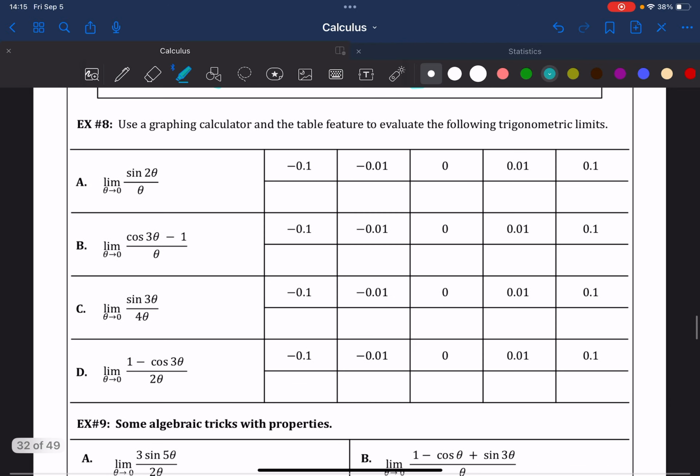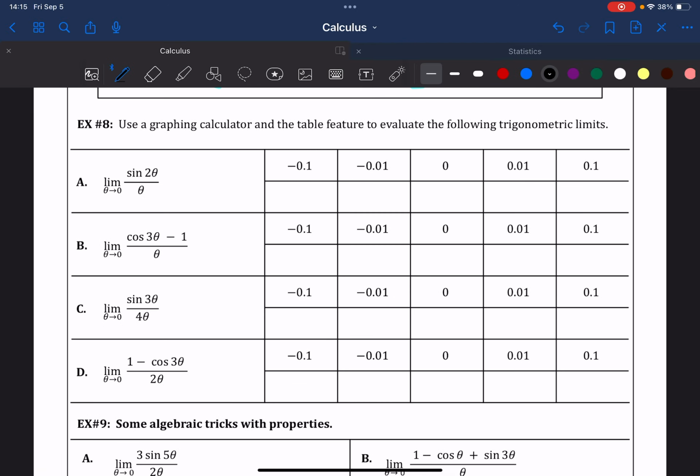So what we're going to do is use a calculator to estimate this. On Desmos, or your calculator, you would type this function, f of x is equal to sine 2x over x. And you would do the same thing for b, c, and d.